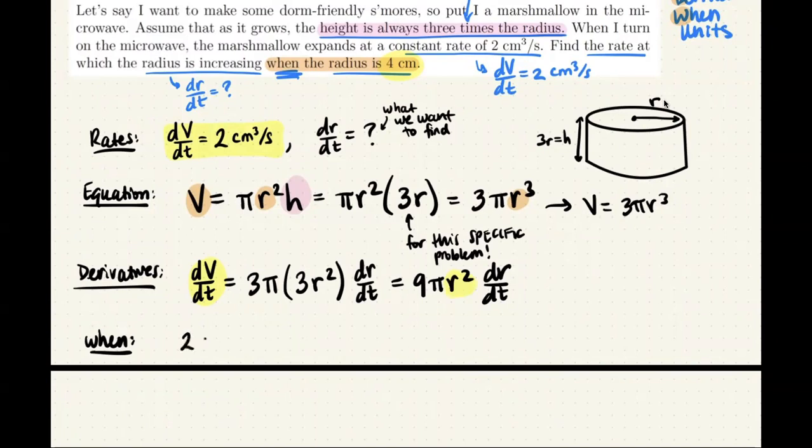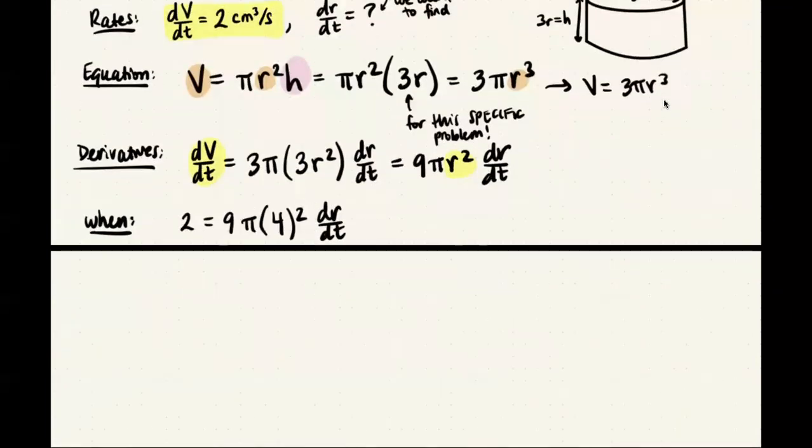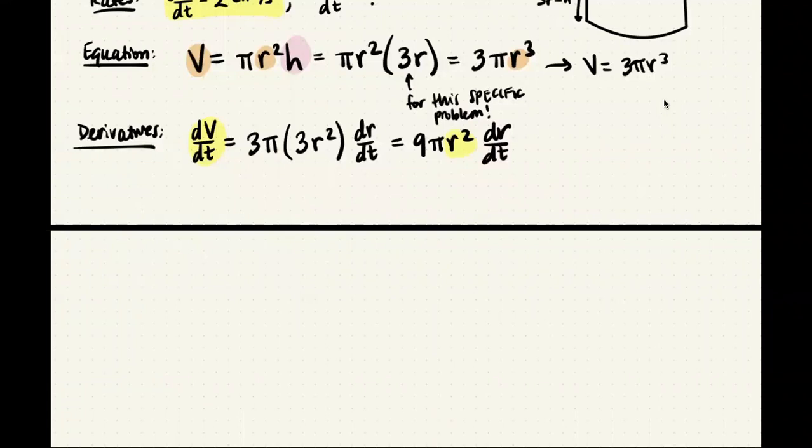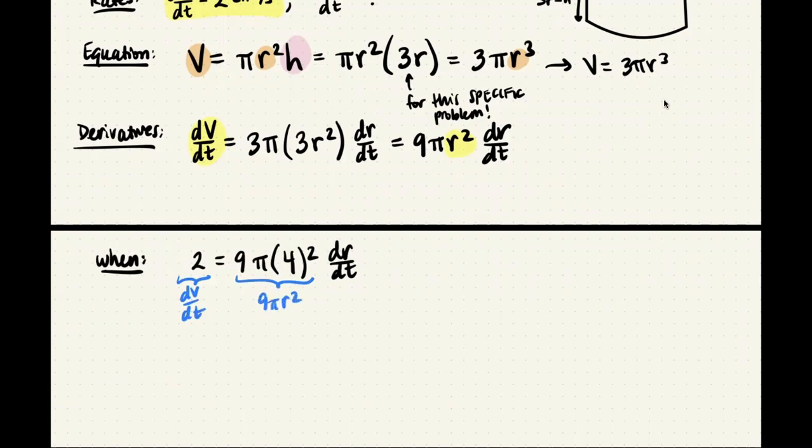So I have 2 equals 9 pi, 4 squared, dr/dt. dr/dt is the thing we're trying to find. Let me remind you where all these things came from. This part was dV/dt. This was 9 pi r squared. And this is what we're trying to find.